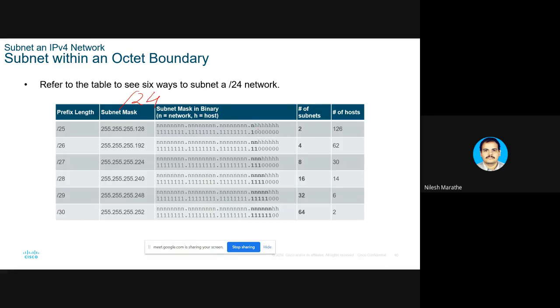What we did here is only 1 bit added. The number of subnets created by 1 bit is 2 subnets. If you allocate 2 bits, 4 subnets. If you allocate 3 bits, 8 subnets. If you allocate 4 bits, 16 subnets. If you allocate 5 bits, 32, and 6 bits, 64. Is it clear? Any doubt about it? How many bits are added? What we just did is what they have written here. Is this clear?